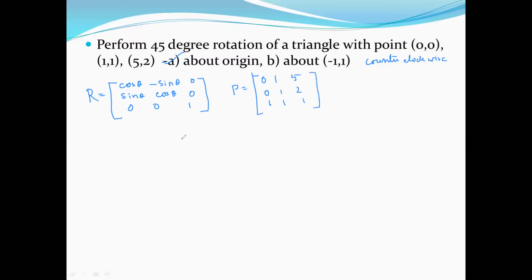After rotation, we will get a new set of points for the same triangle. That new set of points will be P dashed, let us say x1, y1, 1, x2, y2, 1, and x3, y3, 1.